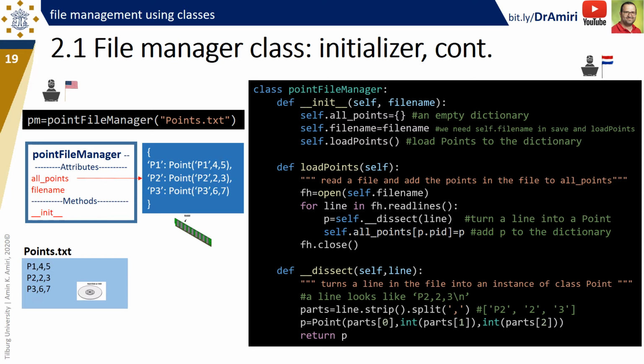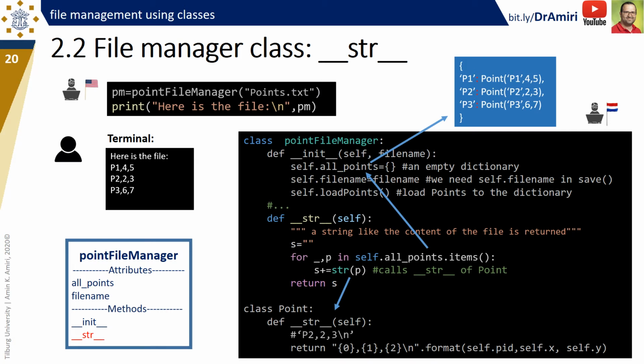So that's how you can write the initializer of this file manager class. Your second task is to add the __str__ method to the file manager class.